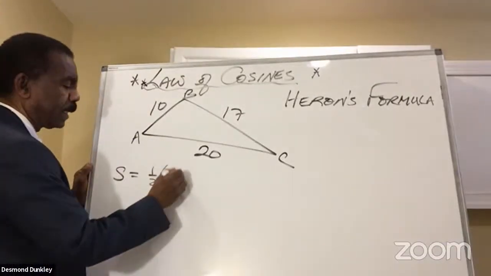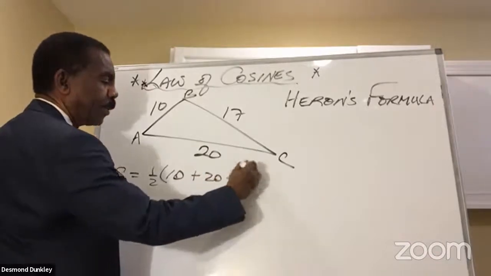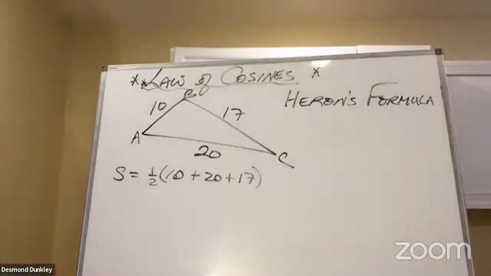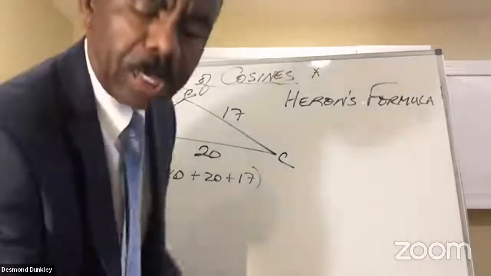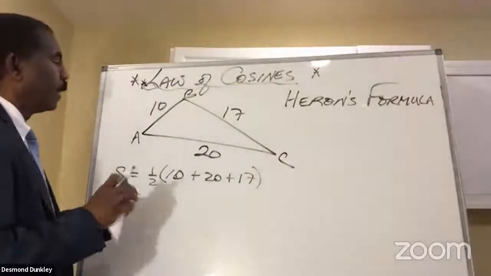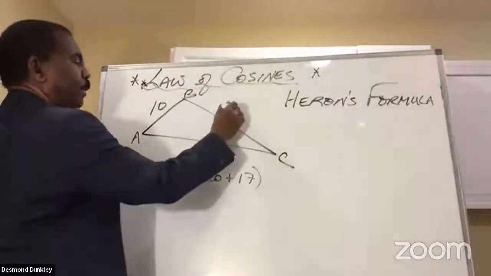So the perimeter is the distance around the triangle. So we can do this. And then, when we simplify this, to make our numbers easier, let's use 18 so we don't have too many fractions.